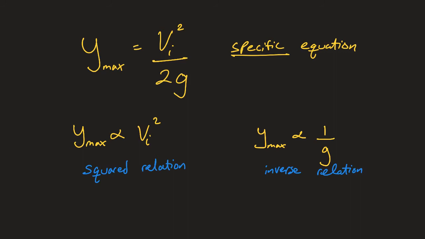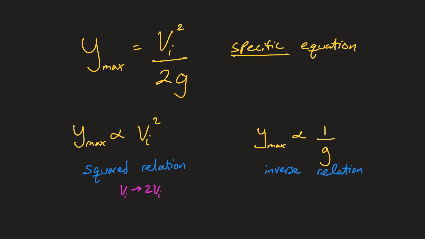So let's look at that first here, and I'll give you a question to think about. Or actually, sorry, you already have the question. It was the original question. So why don't you apply now what you've learned here in terms of the fact that y max is proportional to the square of the initial velocity, and see if you can answer our initial question, which again, I'll remind you, was that the speed has been doubled, the initial velocity.